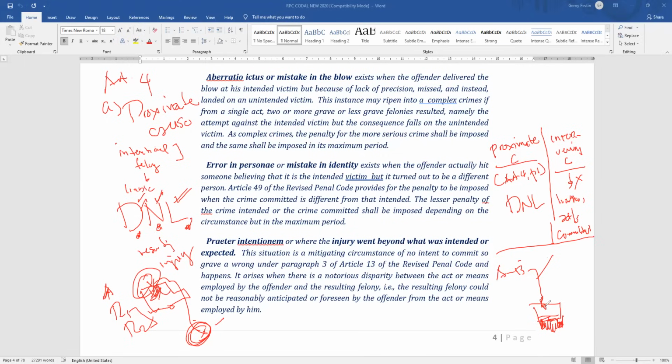Contaminated water. Wala lang, trip niya lang. Knowing that his hand is wounded. And because of this act, he died. Rest in peace. Question, is A criminally liable for the death of B?